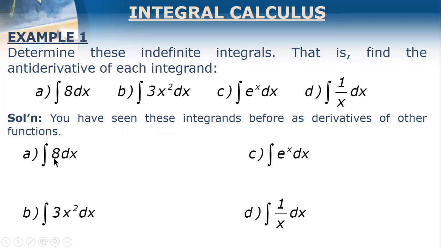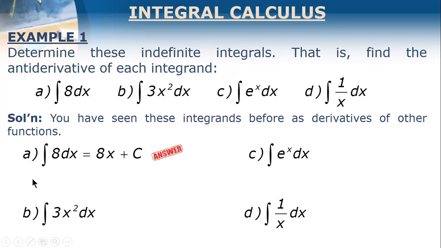Think of a function in which its derivative is 8. So maybe you already have your answer. The answer is 8x, because the derivative of 8x is 8. Of course, we have plus c, the constant of integration.